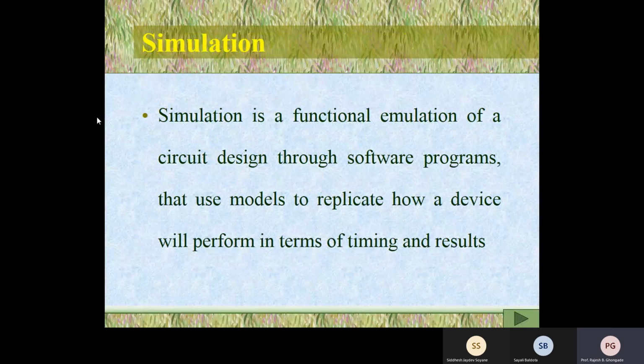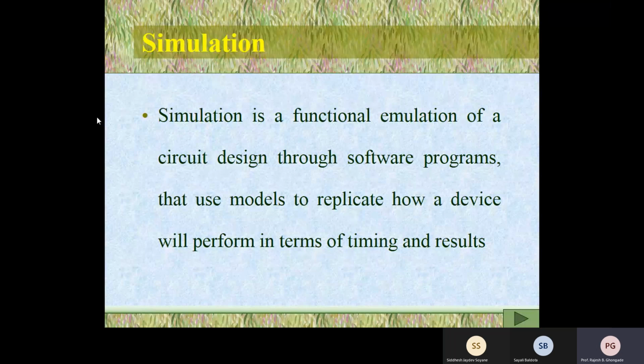You must have already used simulation at some point in your study so far, for example Multisim or maybe Proteus. Okay, what are those tools? Basically, they functionally emulate your circuit design. And how do they do it? They use models to replicate how the device will perform in terms of timing and the results.